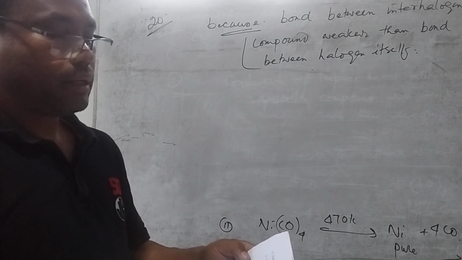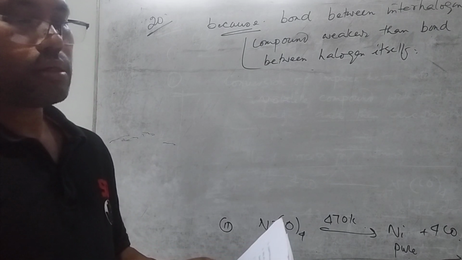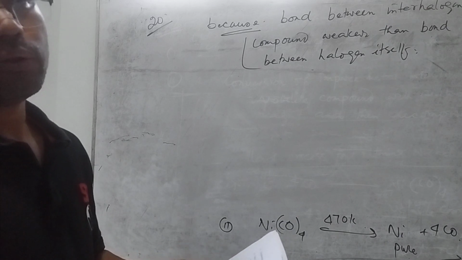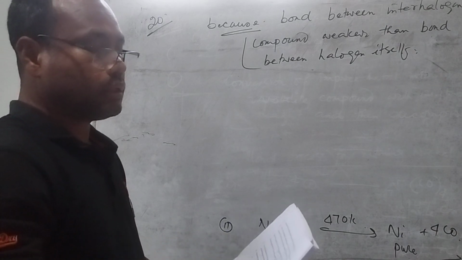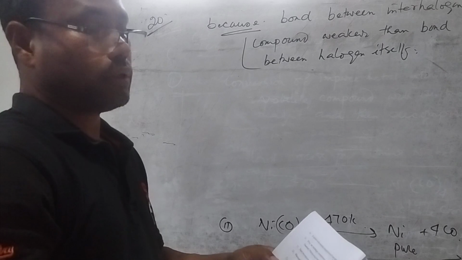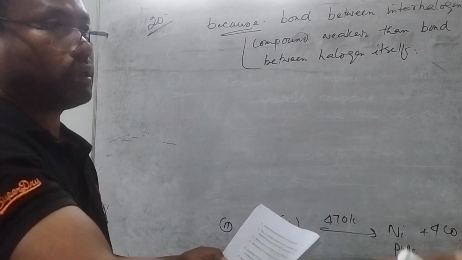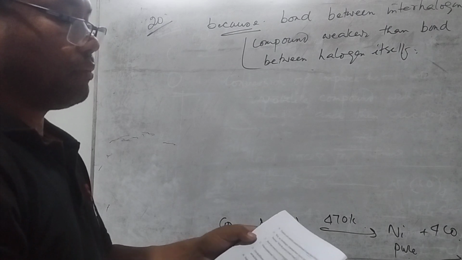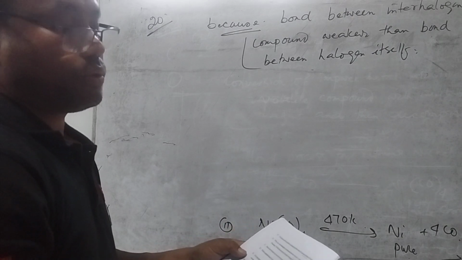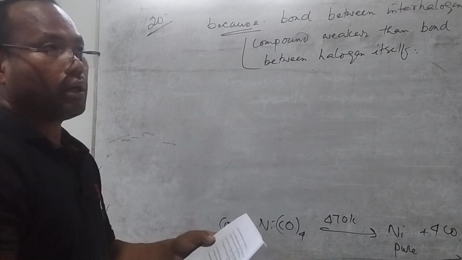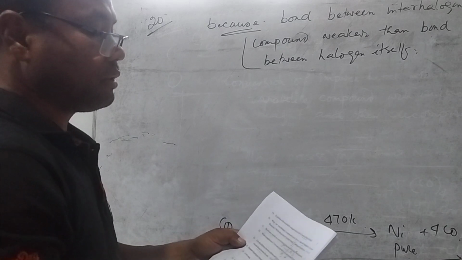Write the product formed when ClF undergoes hydrolysis. When an interhalogen compound undergoes hydrolysis, different products will form depending upon the type of the interhalogen and the number of halogens present.